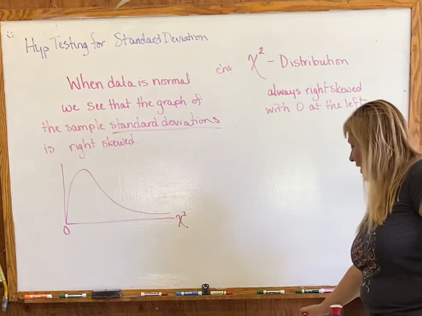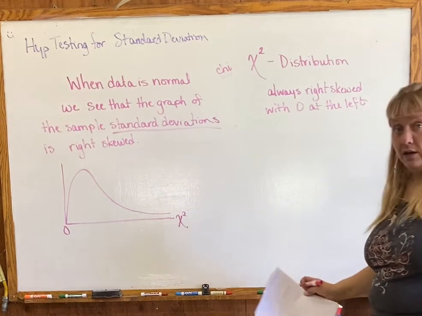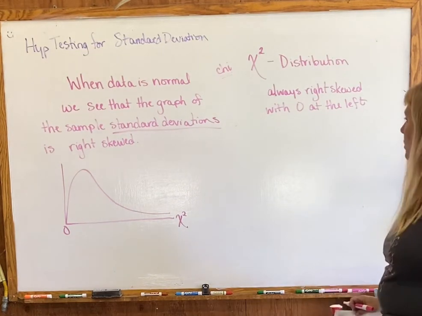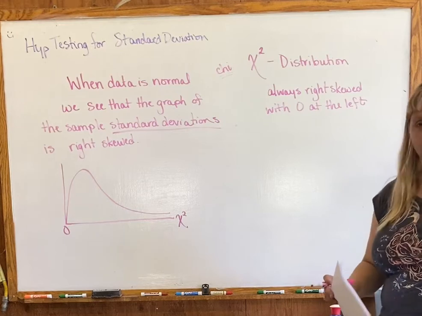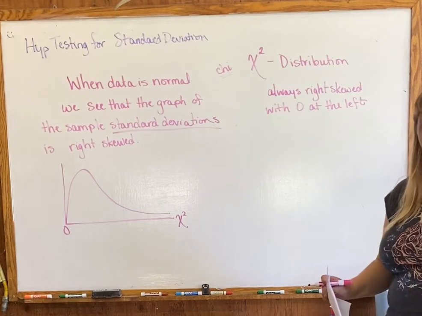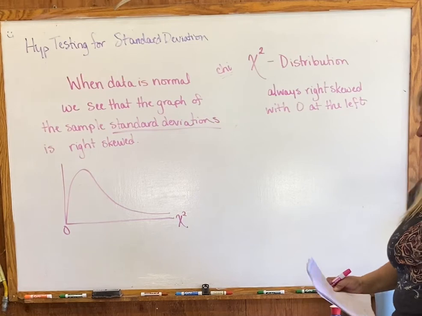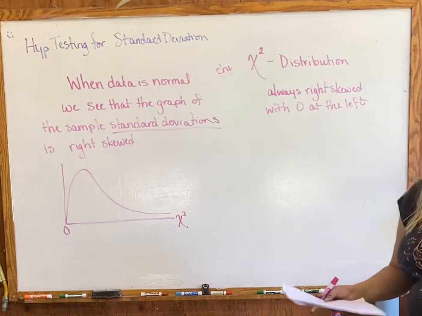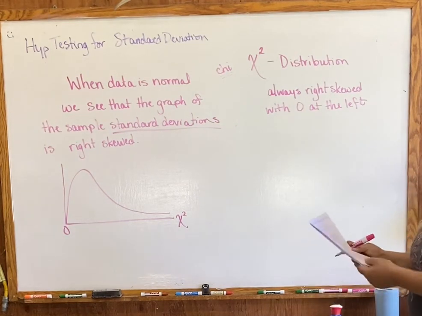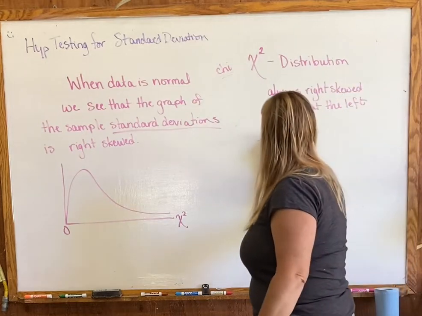Okay, now, because we're dealing with a different graph here, we can't do a z-score, we can't do a t-score, we can't use the easy peasy z-score. We're out of that realm. So we need a new test statistic.